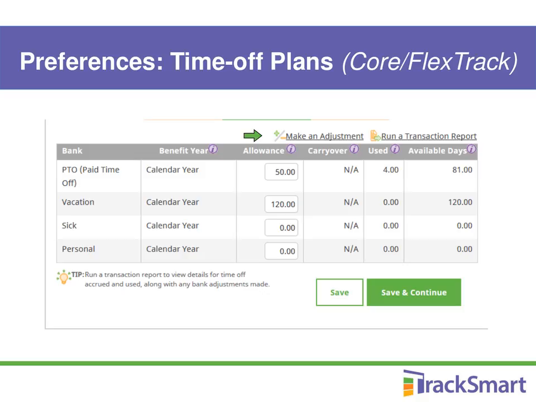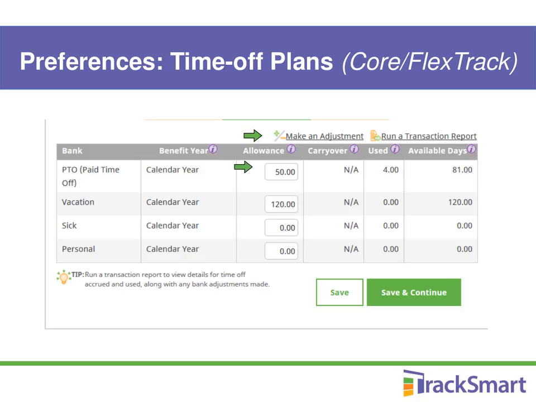A lot of companies will set up the allowance for what's left over. They come into TrackSmart Attendance and start in the middle of the year, so they make their allowance what they have left over. But what happens is at the start of the benefit year, that's all they'll be allowed, where really it should be double that amount. So don't use the allowance field as your starting balance.